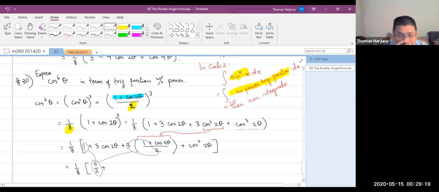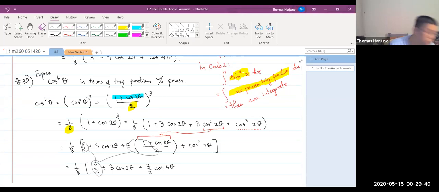Okay. And then 3 cosine 2 theta plus 3 over 2 cosine 4 theta. Okay, so I'm done with the first three terms.